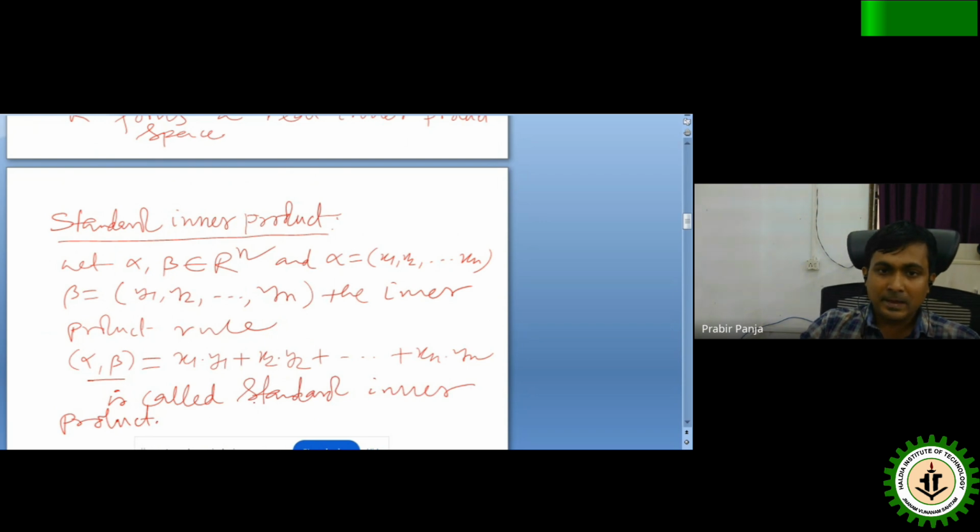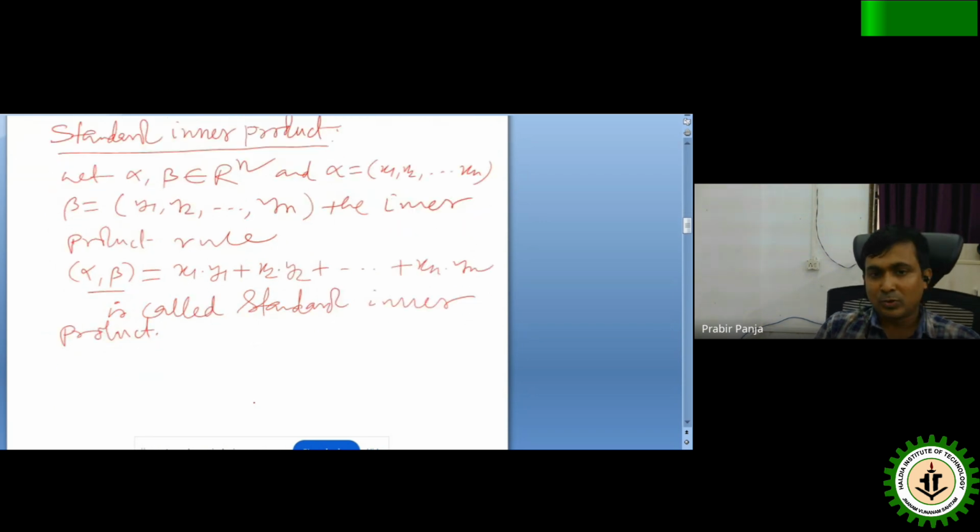So whenever no product rule is defined in the question, we always consider this standard inner product to solve the problem.